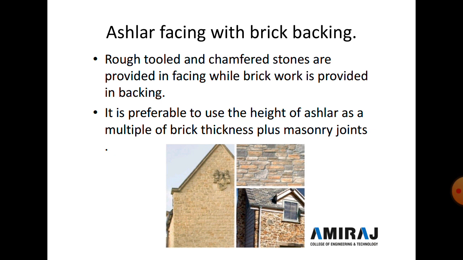You see exactly this in the figure. On the front side, the face side of the building, rough tool, meaning rough stone, is used, and on the back side brickwork is provided. So it is preferable to use the height of ashlar as a multiple of brick thickness plus masonry joint.